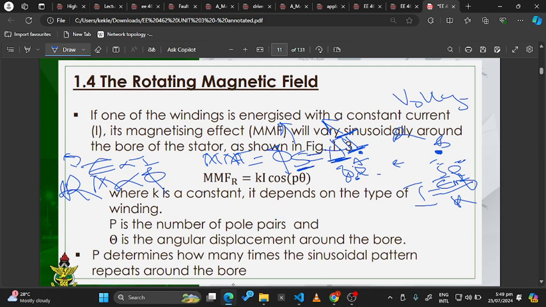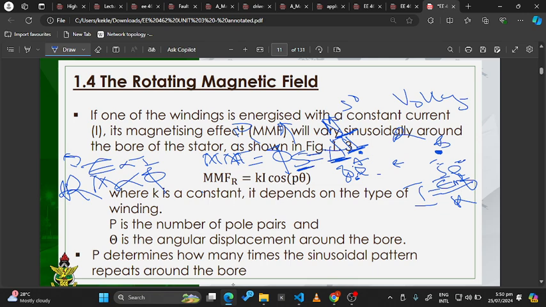Life doesn't work that way. It will get to a point where the magnetic circuit is going to say, I'm done. When that happens, we say that the magnetic material is saturated. It means that it will get to a point where you increase this by 50%, and the flux increases by just 10%.